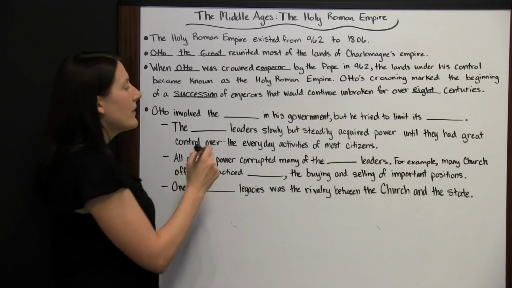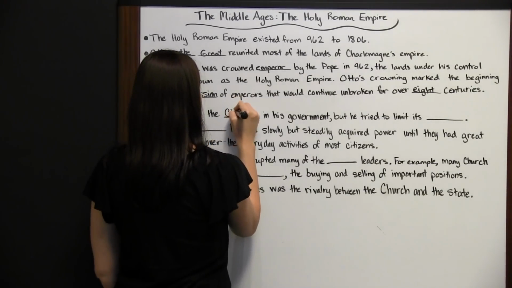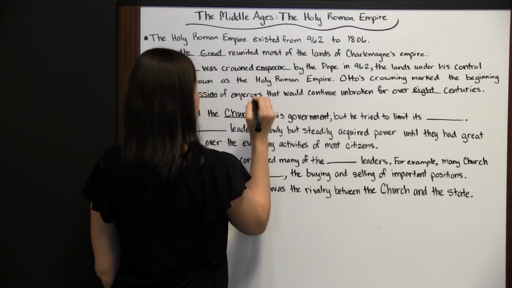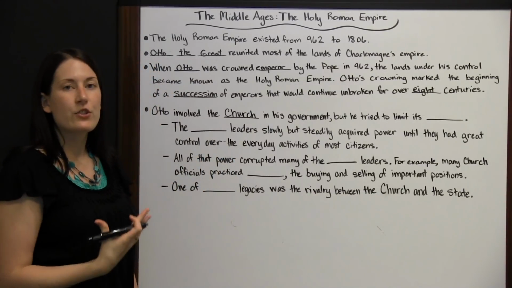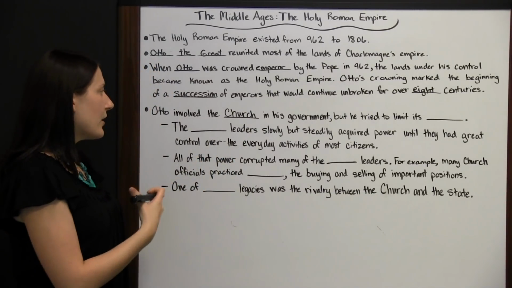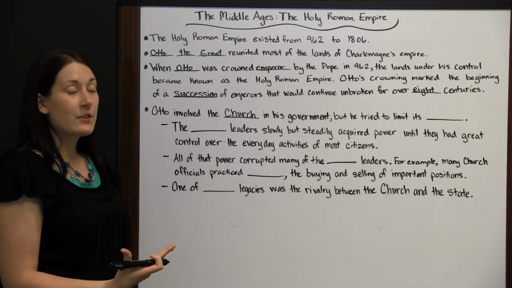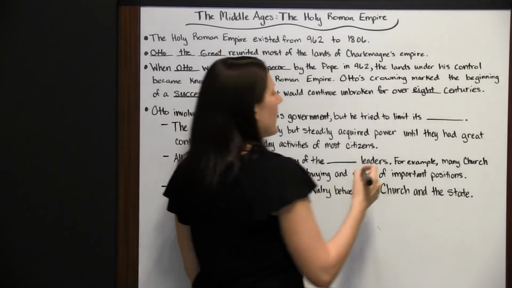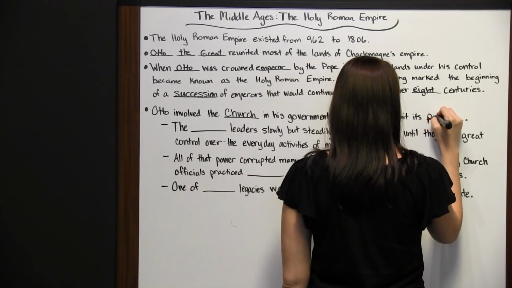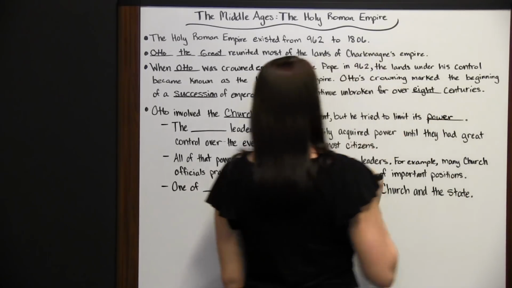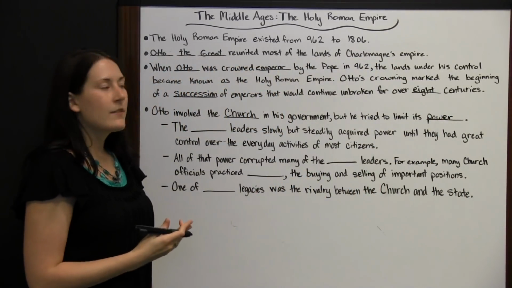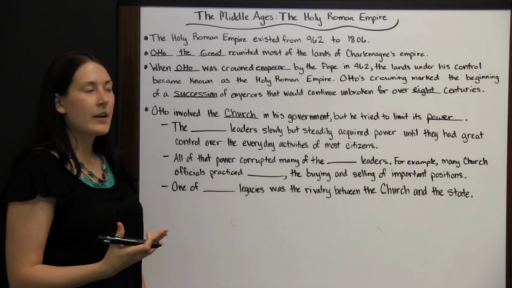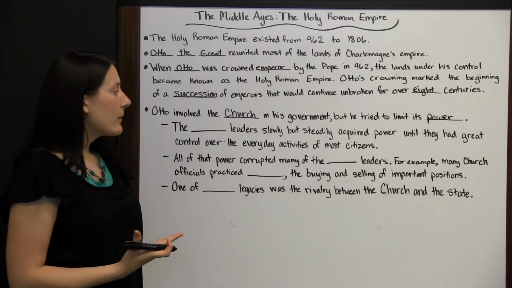Now, Otto involved the church in his government. The church helped put him in power. The church crowned him emperor. And so, in turn, he was involving the church in his government. But he tried to limit its power. He still wanted to have a lot of the control of his empire. But the church was very powerful.